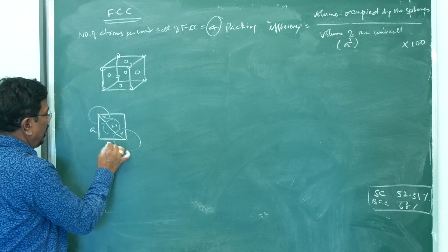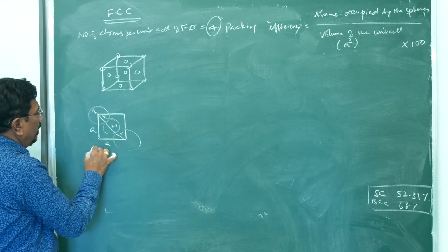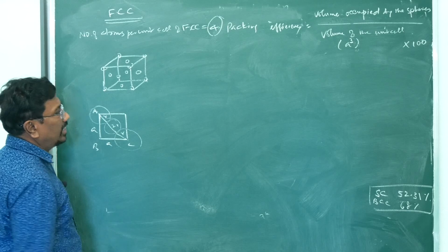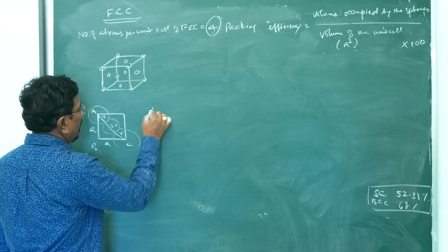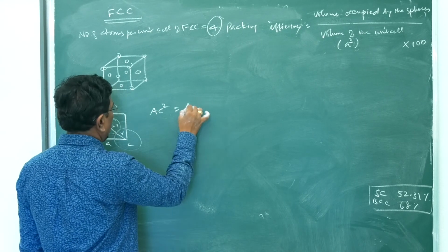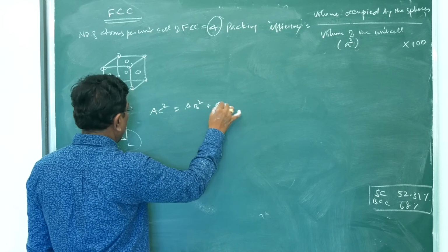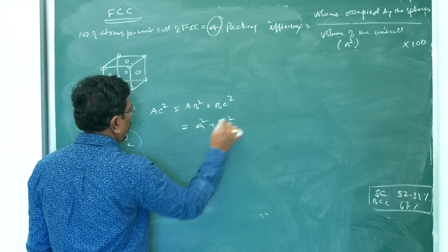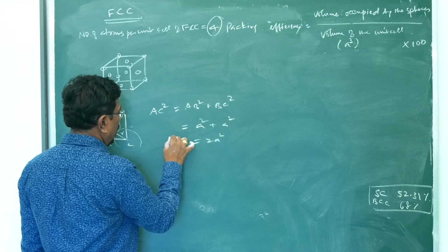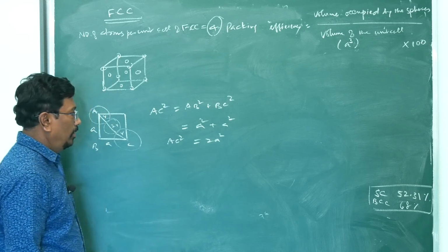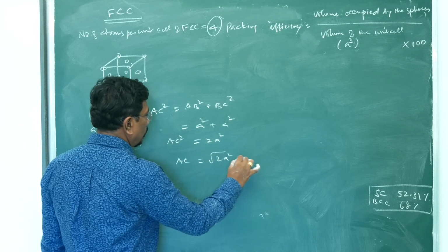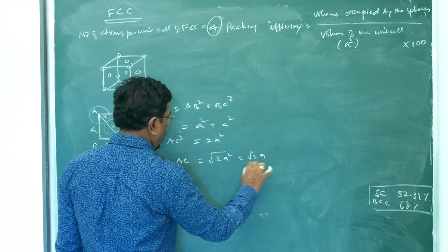Let it be A, B, C. This calculation we have already done in BCC. AC square is equal to AB square plus BC square, which is equal to a square plus a square, 2a square. So AC is equal to root of 2a square, which is equal to root 2 a.